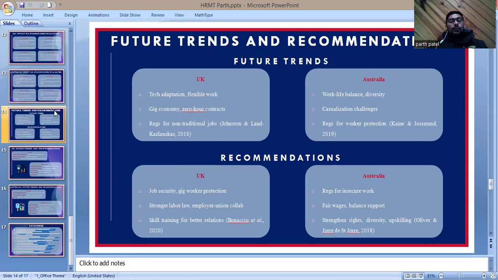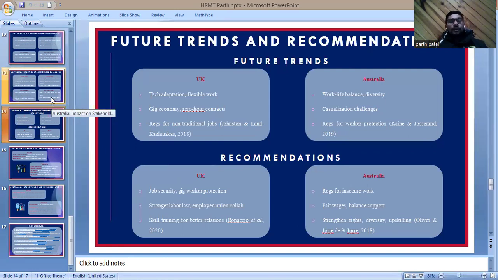If we talk about the UK, the UK has a tendency to focus on adopting more new technology processes, such as gig and zero hour contracts, etc. And it would put more emphasis on the new technology, and it would be more beneficial for labor.